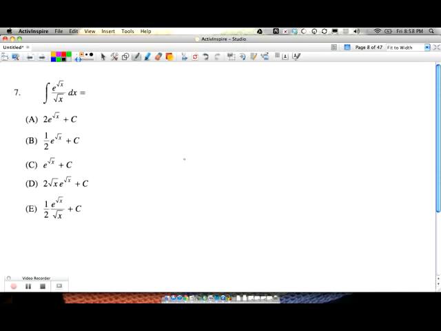Number 7. Ooh, got some interesting things going on here. Immediately, before I start getting too complex, my brain is thinking I have the integral and it's in some form of e to the u du, something like that. Because if there's an e in there, it's probably going to have e to the u du. Well, if I were looking at that, I'm thinking that u equals x to the 1/2 power, or the square root of x.